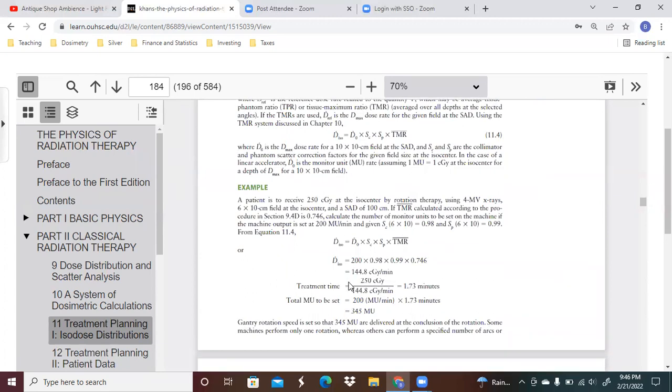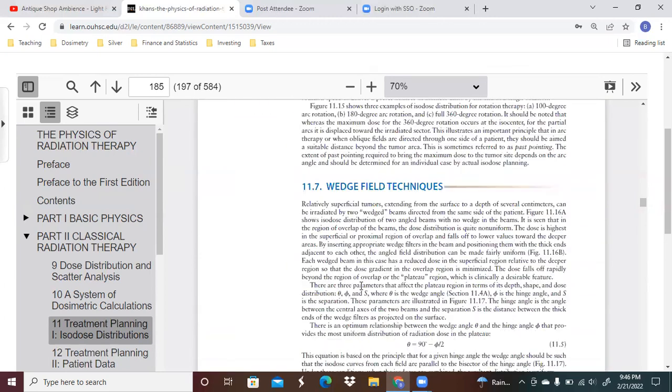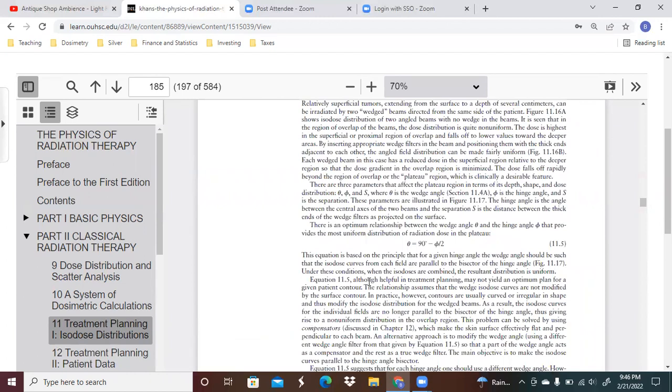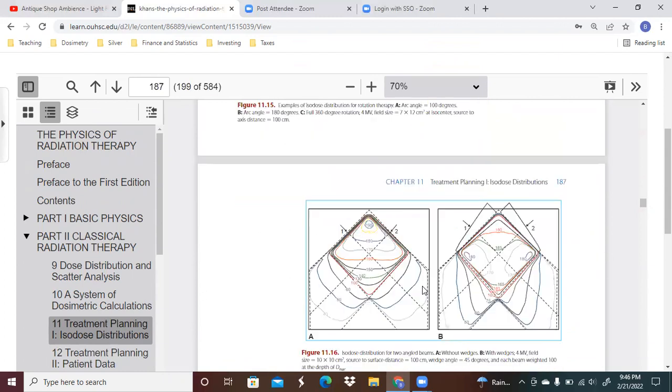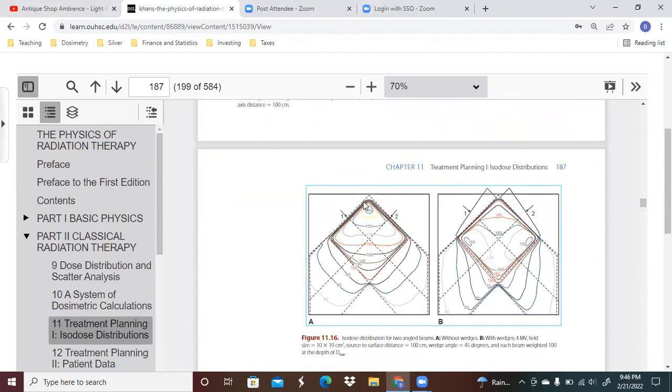There's more examples here on rotational therapy. Wedge field techniques, when you start using wedges, I'm going to see if we've got an example here, which apparently is right here.